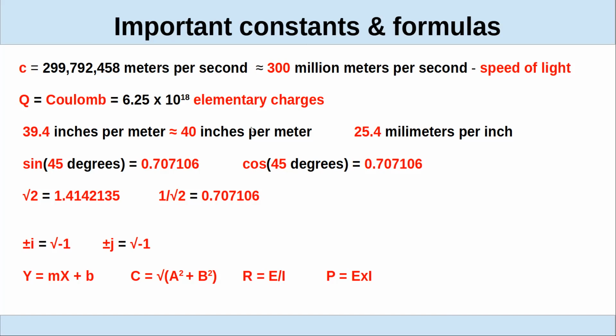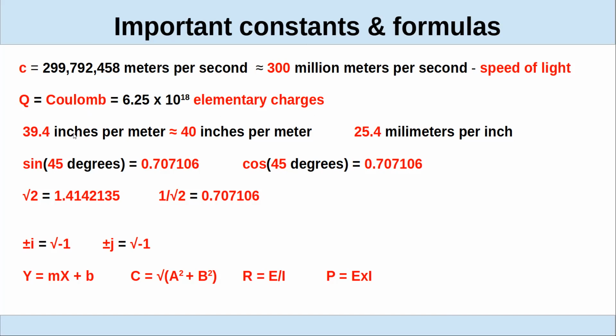One's positive, one's negative, but the value is approximately this. So when we get into doing current, we measure current as an ampere, which is 1 coulomb per second, or a whole bunch of elementary charges per second.